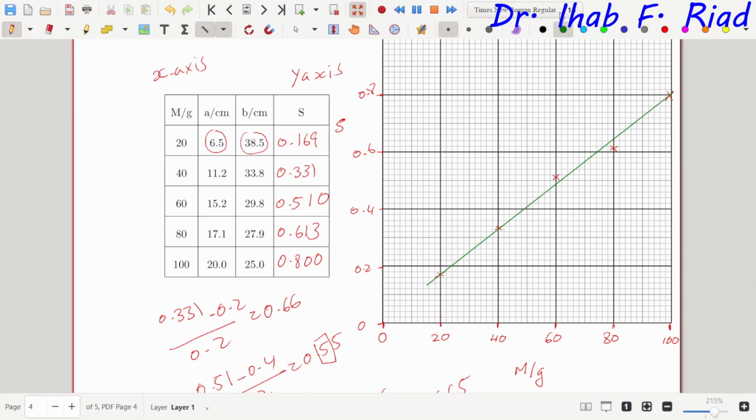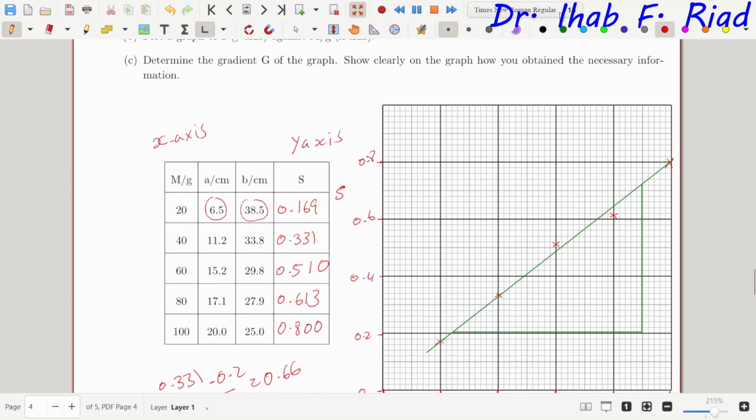Now we calculate the gradient. We draw a right angle triangle. It's our right angle triangle. Again, it is delta y and delta x.